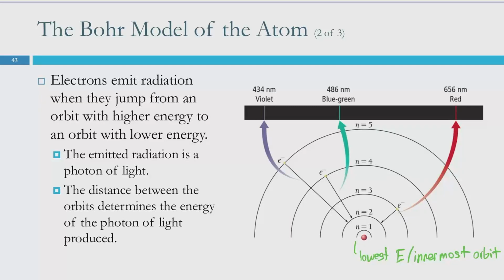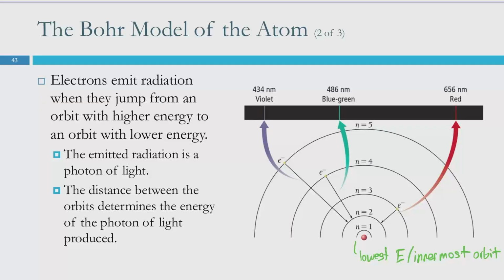And then outside of that, we've got n equals 2, 3, 4, and 5. And you could keep going and making up new orbits if we needed to. These ones on the inside are the lowest energy. And these are at fixed distances, so we can't have an electron, for example, between our 2 and 3. It has to be on the 1, the 2, the 3, etc. It has to be on one of these tracks.